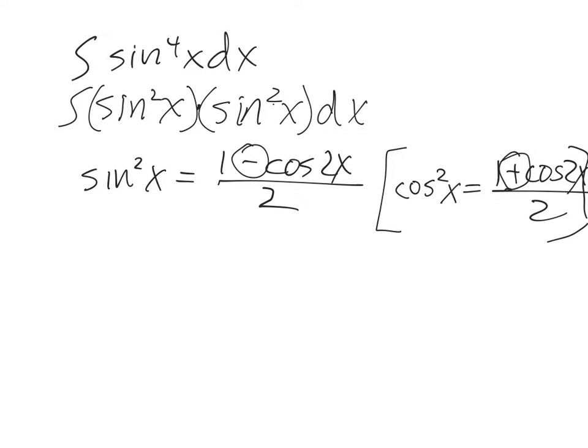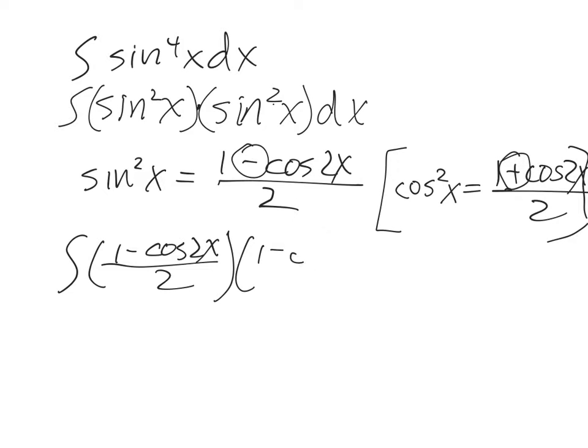So from there then, we still have quite a bit to do on this one, but at least we're not dealing with the fourth power. But we will need to multiply the binomials together and keep going. The denominators we can pull out in front.